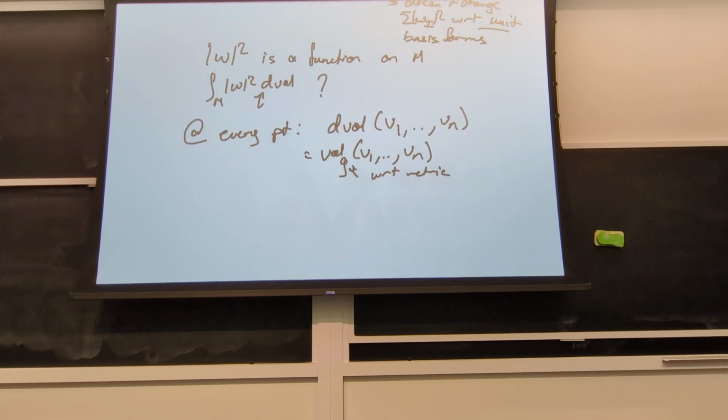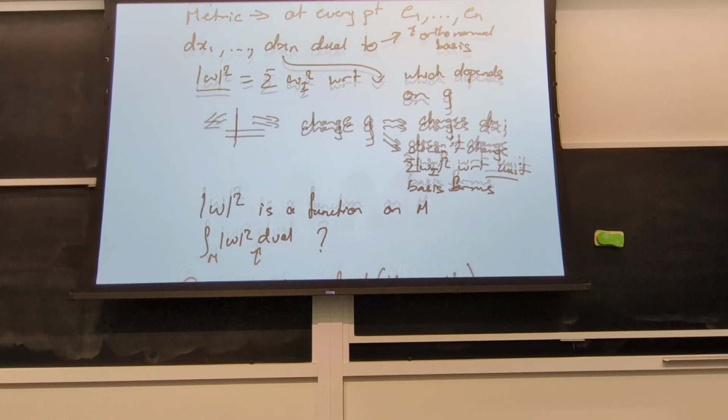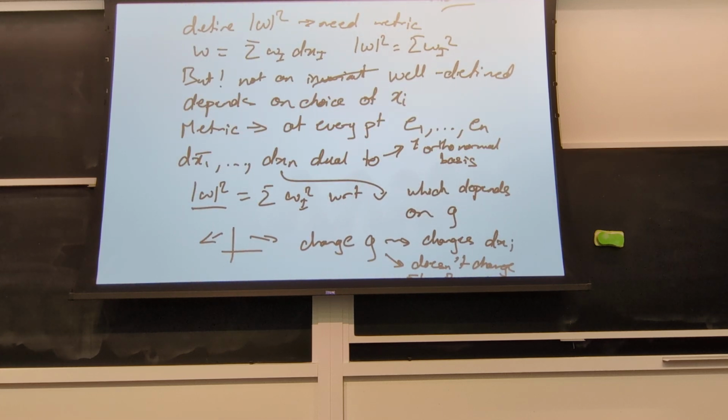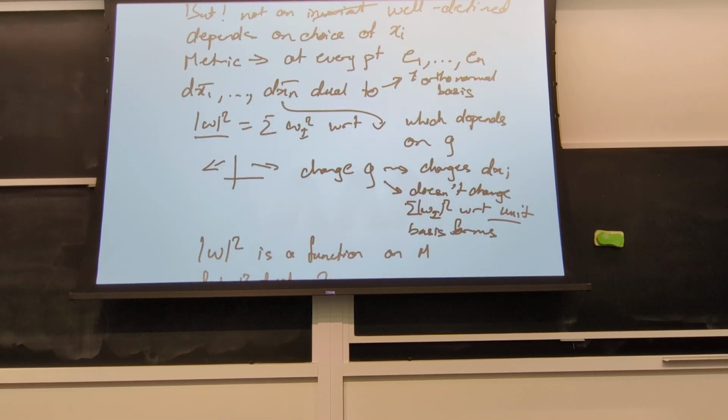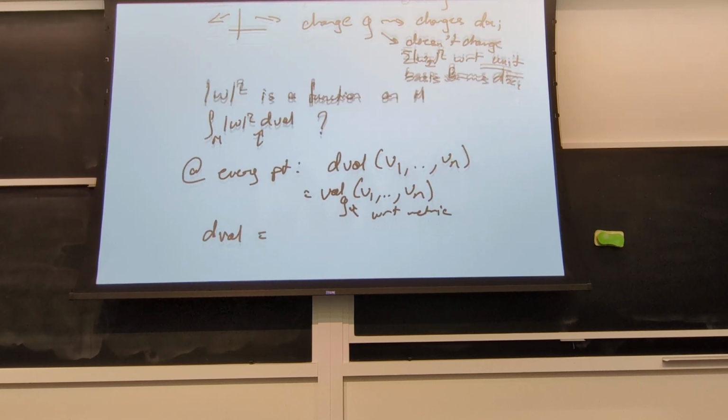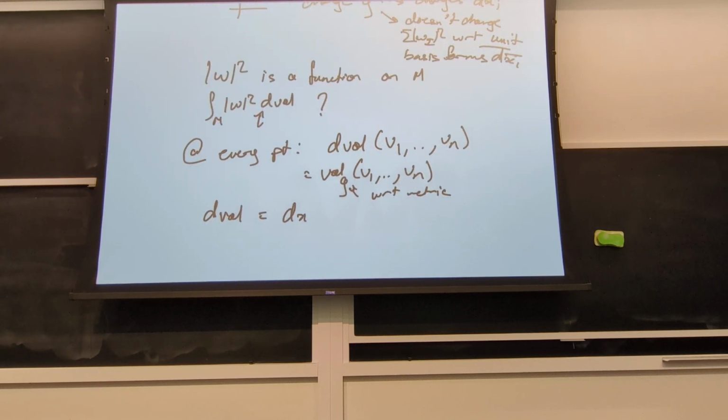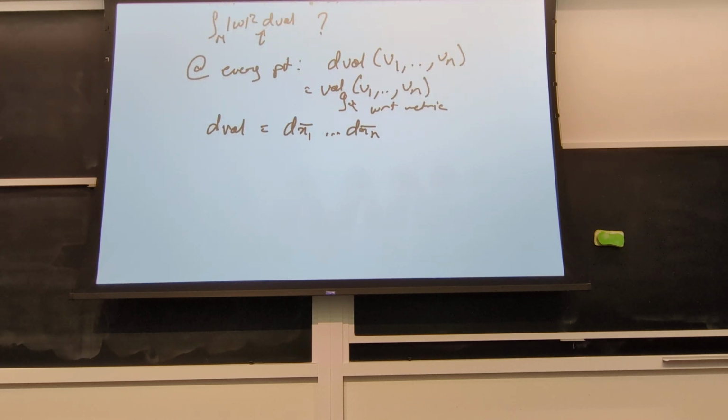One way you can do this is, maybe I'll put bars over these unit forms, so the d volume is equal to dx_1 bar up to dx_n bar. It says that these are unit things, and this will take in a unit cube and give you the value of 1.